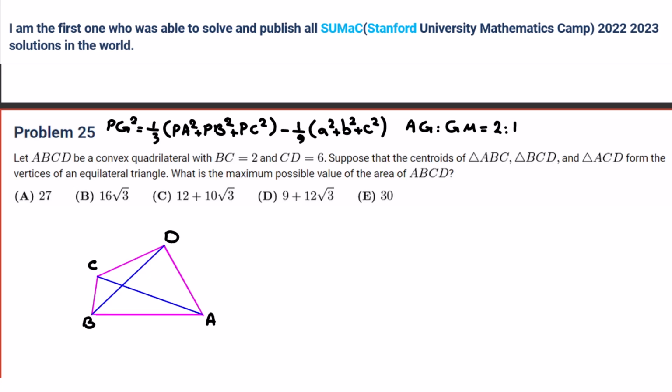Connect C. All centroids lie on medians from C, right? You can connect these 3 lines, right? And the centroids are on these lines, and we know the ratio is 2 to 1, right? So for each of them, we connect 2 to 1.